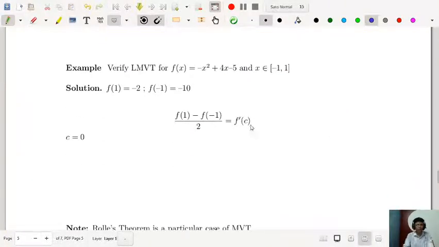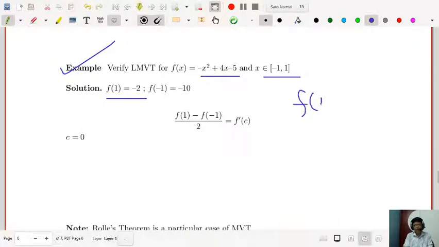Let us now verify for a problem. Suppose this is also a quadratic polynomial and it is continuous and differentiable in the interval minus 1 to 1. You can check that f(1) is minus 2, f(minus 1) is minus 10. So (f(b) minus f(a)) by (b minus a) equals f dash c.